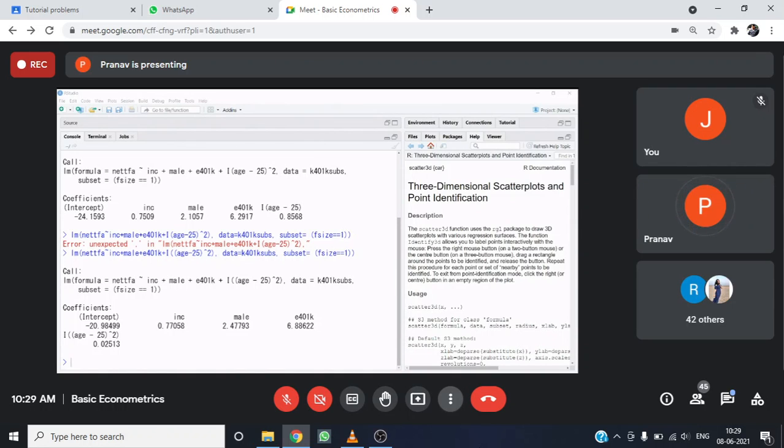But sir, why are we giving that I? Because I have to run the regression not on age minus 25 but on its squared values.